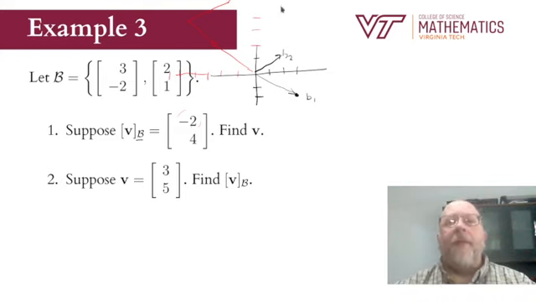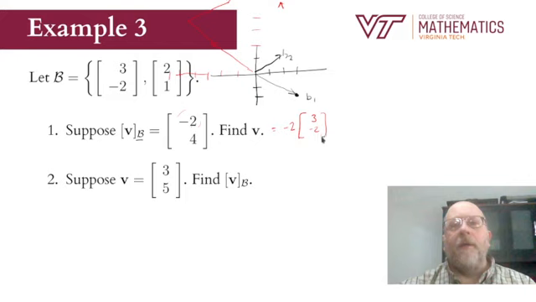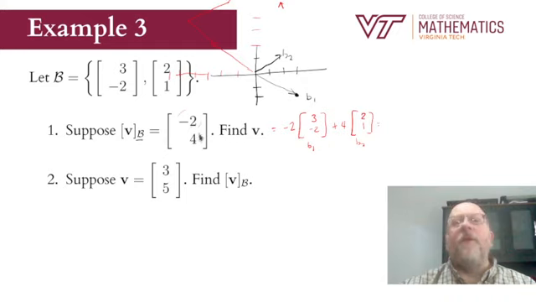But somewhere up there is the linear combination that we're looking for: negative 2 copies of the first vector, B1, and 4 copies of the second vector, B2.